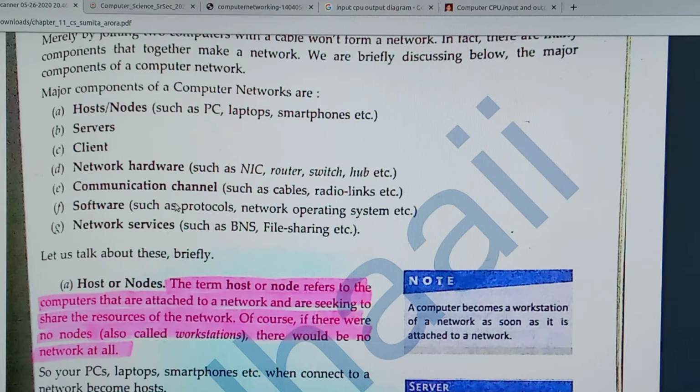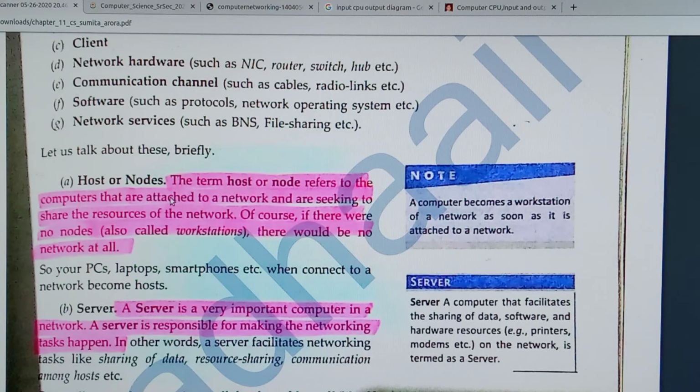The second one is called a server. What do you mean by server? A server is a very important computer in a network. A server is responsible for making the networking tasks happen. In other words, a server facilitates networking tasks like sharing of data, resource sharing, and communication among hosts. In a network there are server and client concepts.